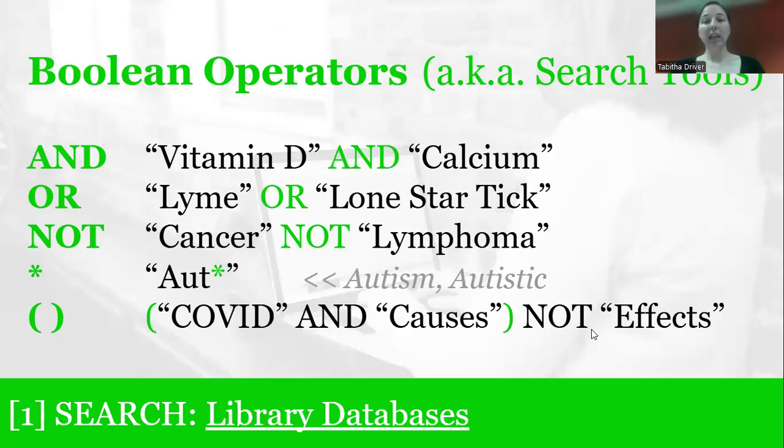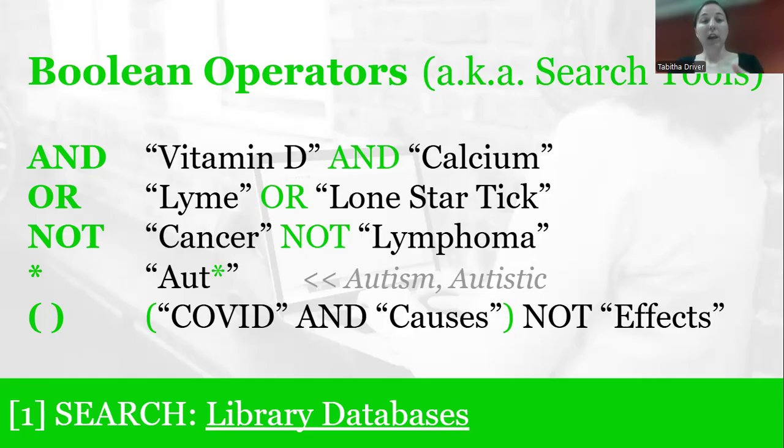And when you're searching in these databases, like that EBSCOhost database I showed you, you can always use Boolean operators, and you can use them in a lot of different searches, even Google. If you put in all caps AND, it will look for articles or books that include both of those topics. But if you put in all caps OR, it will look for articles and books that have either of those topics, but they don't have to have both topics in the same article.